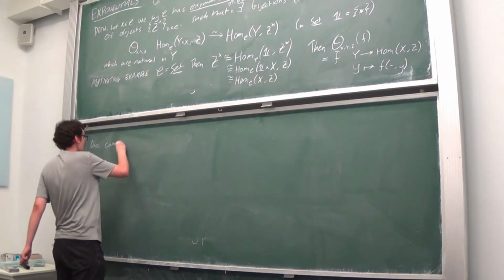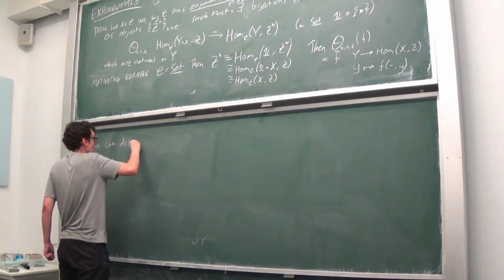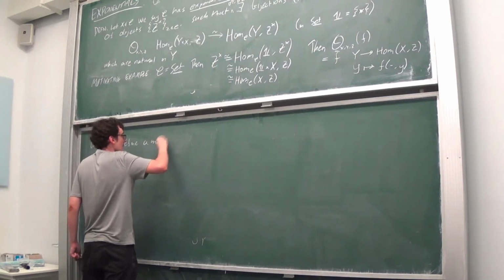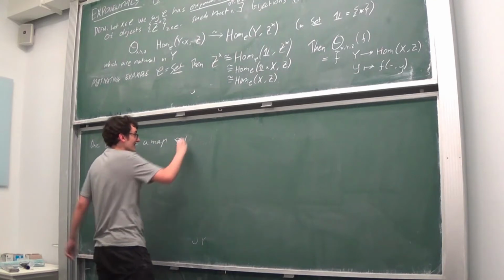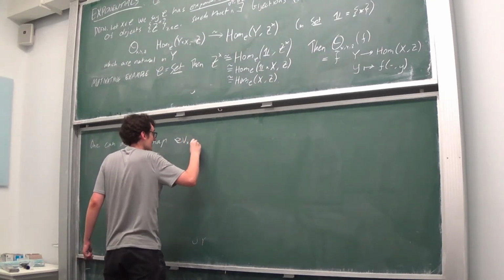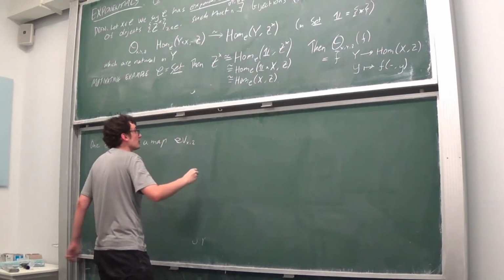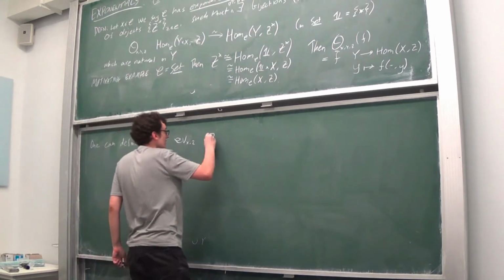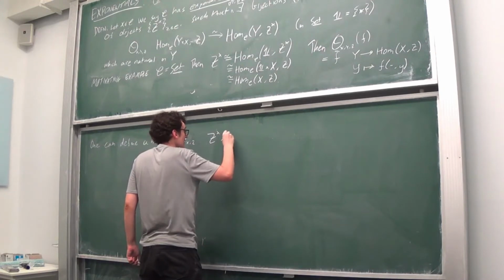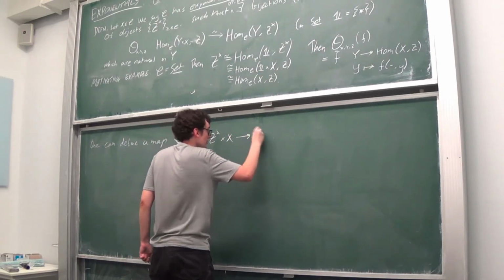You can define a map, which is usually denoted by EV, which stands for evaluation, x, z, which goes from, let me make sure I get it right, z to the x cross x goes to z.